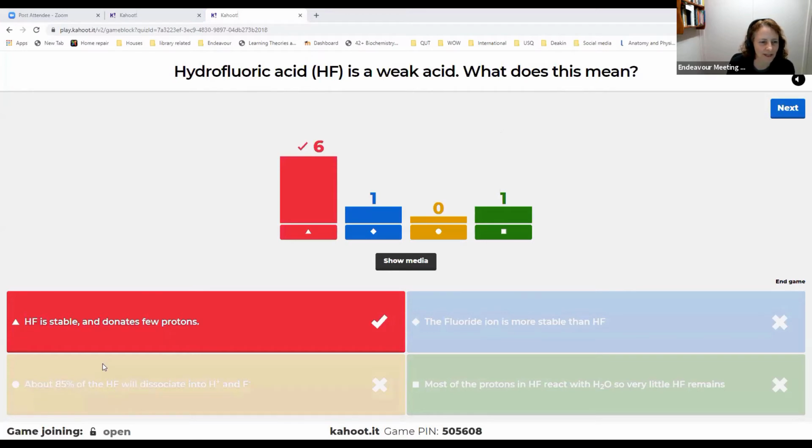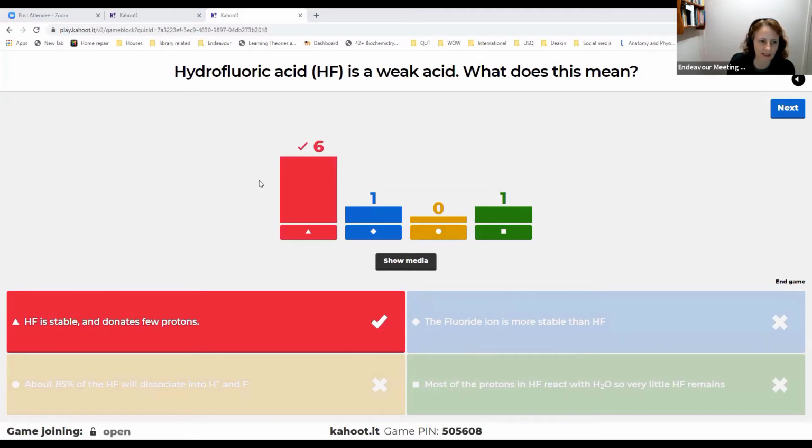So hydrofluoric acid is stable and it donates very few protons. One person said that fluoride ion is more stable, but no, it's not, because the hydrofluoric acid tends to not want to give itself away, so it wants to stick together. And one person said most of the protons in hydrofluoric acid react with water, so very little HF remains.